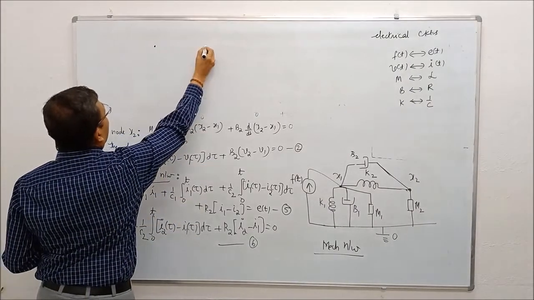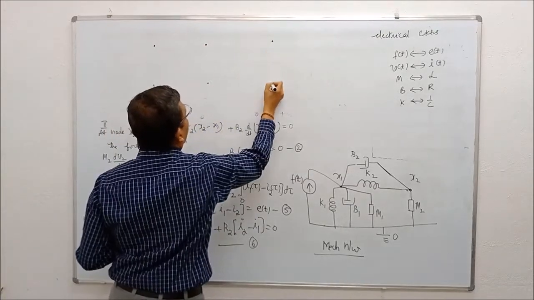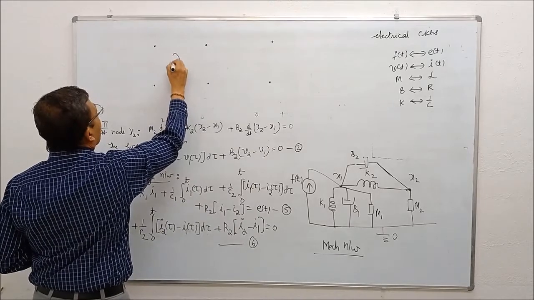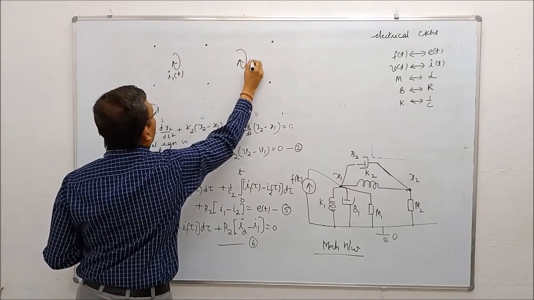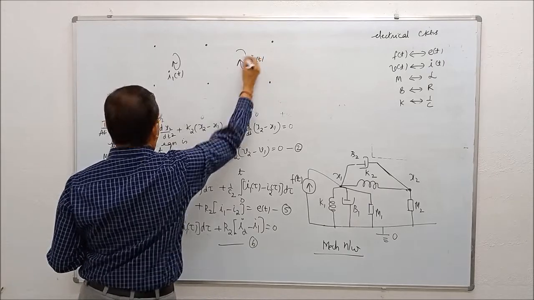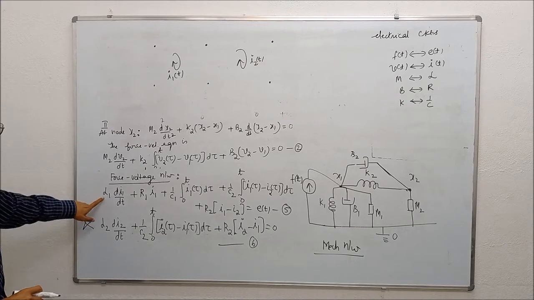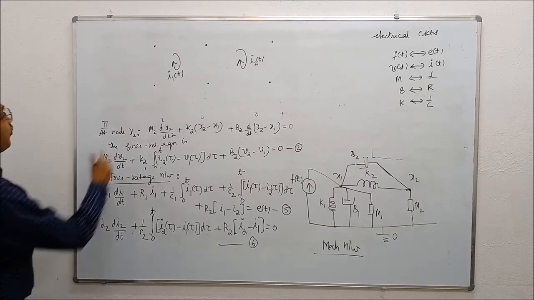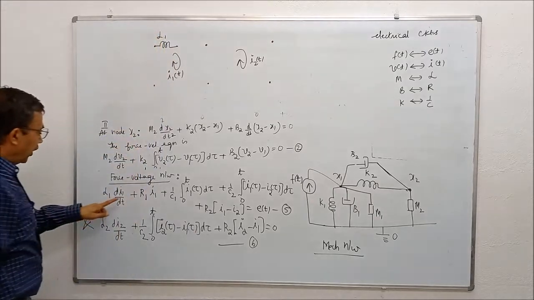Mark 2 mesh currents, I1 of t and I2 of t. The current through L1 is I1. In other words, the first term contains I1.